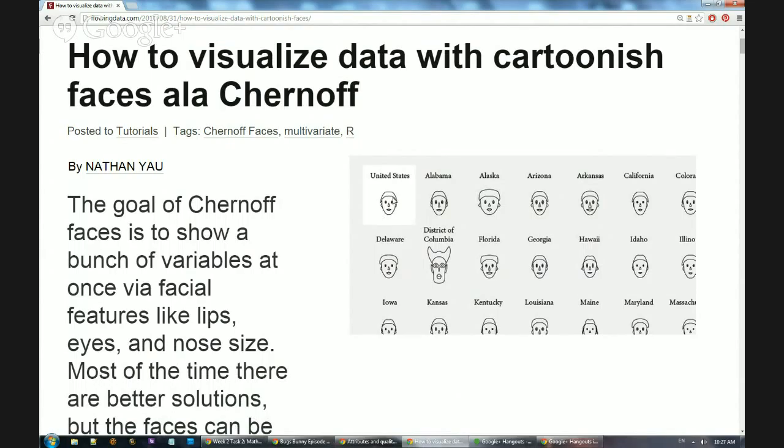So the head, the hair, the eyes, the nose, the ears, and the shape stand for different types of measurements, maybe population data. We don't know what measurements they are, but we do know that Alabama here is pretty close to the average of the United States as a whole, but District of Columbia here is pretty far from that average along all the variables.